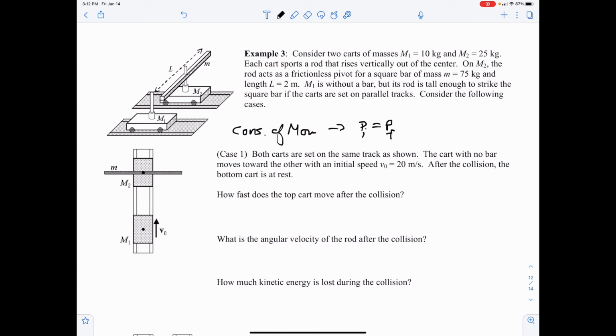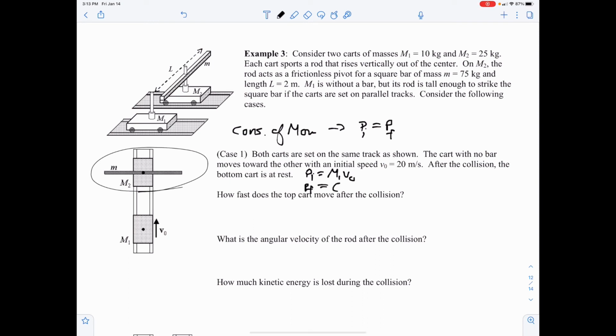Okay, how do we figure out how fast the top cart is moving after collision? Well, let's figure out what we have going on here. Initially, the momentum is only due to the first cart, and so it's m1 times v naught. But afterwards, the momentum is only with the bottom cart.